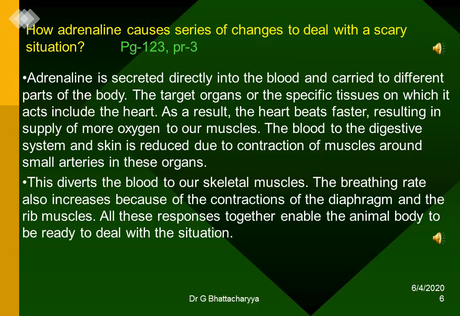The blood to the digestive system and skin is reduced due to contraction of muscles around small arteries in these organs. This diverts the blood to our skeletal muscles. The breathing rate also increases because of the contractions of the diaphragm and the rib muscles. All these responses together enable the animal body to be ready to deal with the situation.